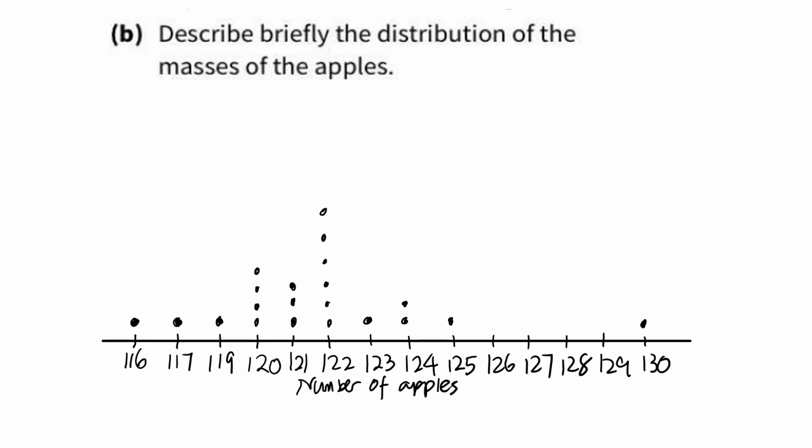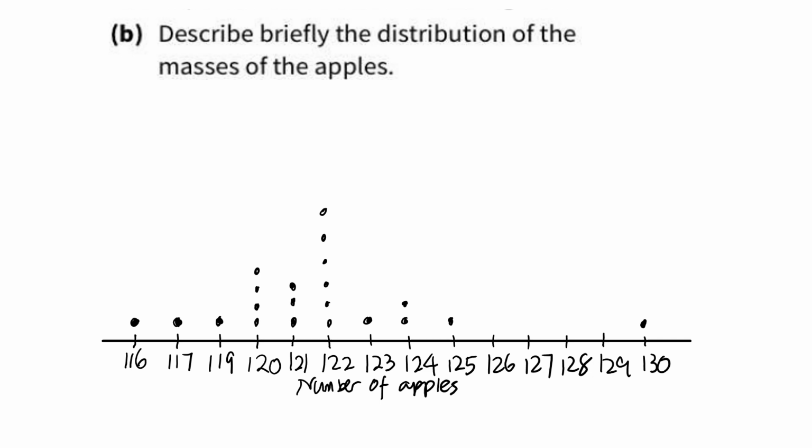The mass varies from 116 to 130, and it seems to have a cluster at 122 because 122 has 6 apples. And then there is no apple that has mass 126, 127, 128, and 129.